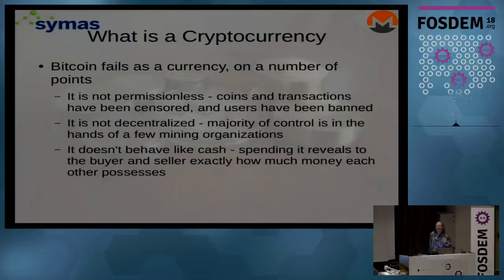And Bitcoin itself doesn't actually behave like money. There's a huge problem with Bitcoin, which is that whenever you conduct a transaction, not only are all the contents of that transaction public, but once I buy something from a seller, the seller knows everything about my financial history, and I know everything about the seller's financial history.